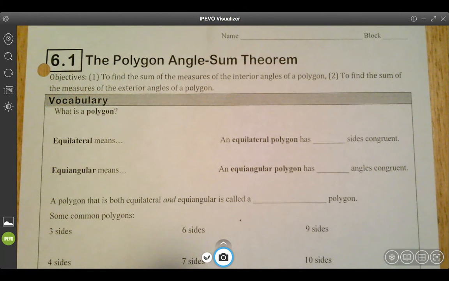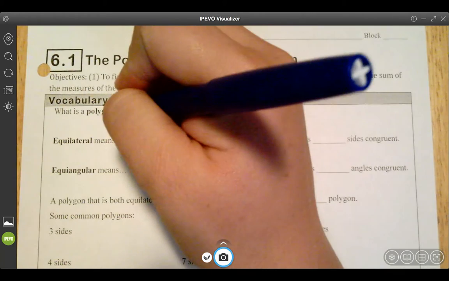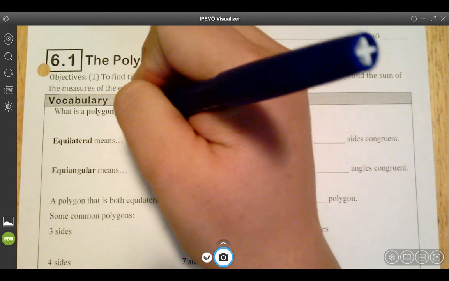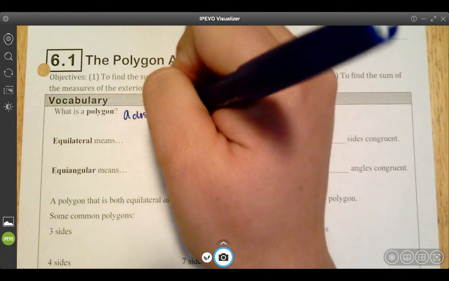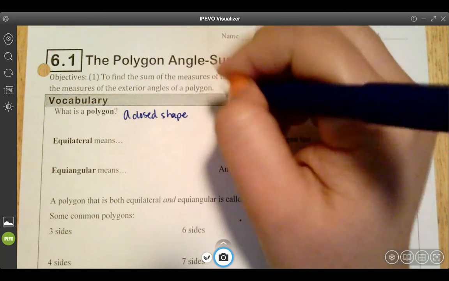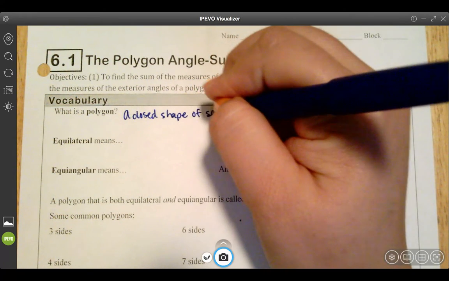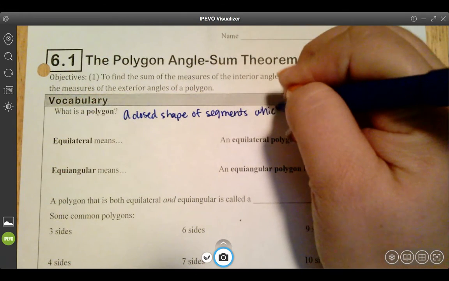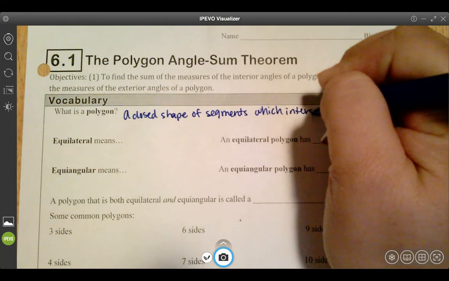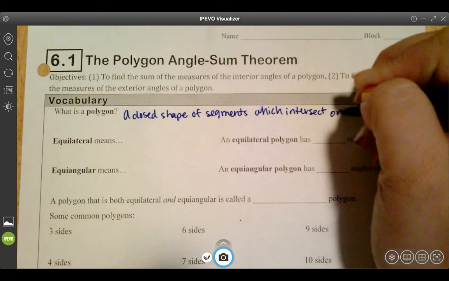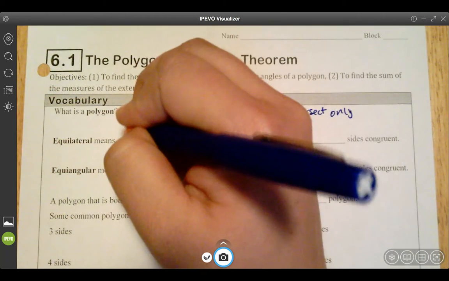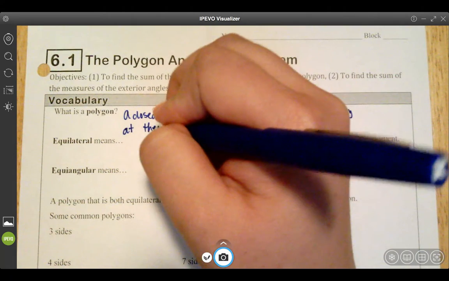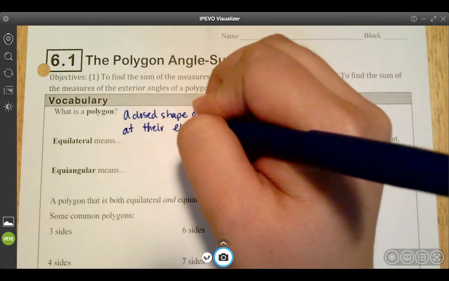So let's formally define what a polygon is. A polygon is a closed shape of segments which intersect only at their endpoints.